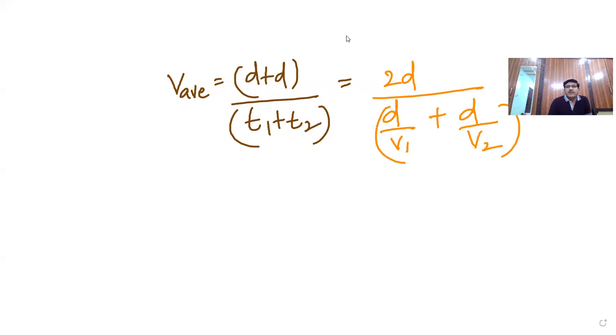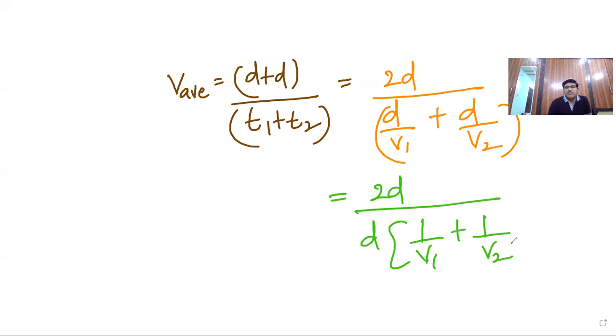So, in the numerator 2D, in the denominator D is common, take out 1 by V1 plus 1 by V2. So here D goes out, and this becomes 2 by 1 by V1 plus 1 by V2.